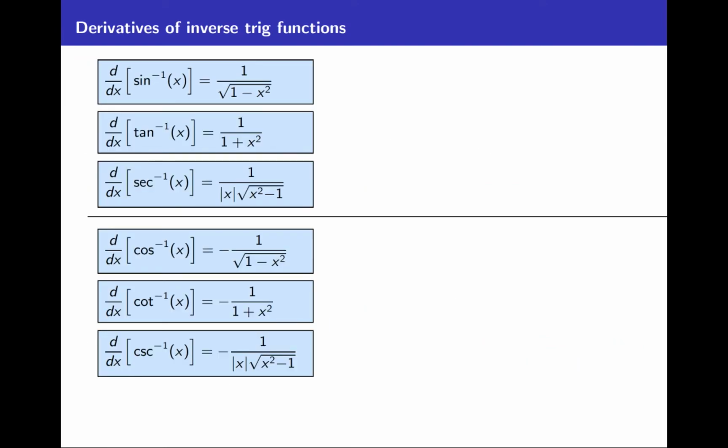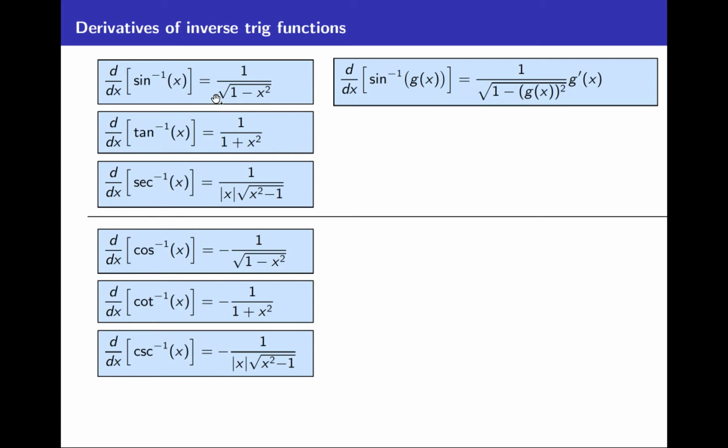So here we go. Here's a list of our 6 new rules. And for each one of these, there is a corresponding chain rule generalization. For example, for the derivative of sine inverse of x, you could put in a g of x for the x and use the chain rule to find the derivative.